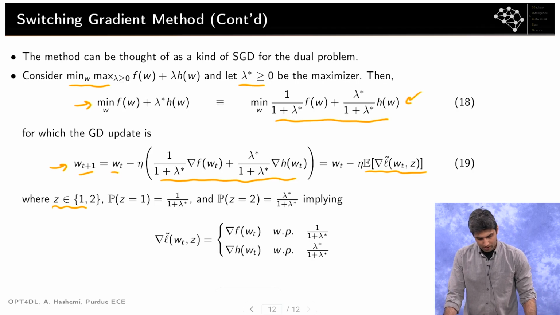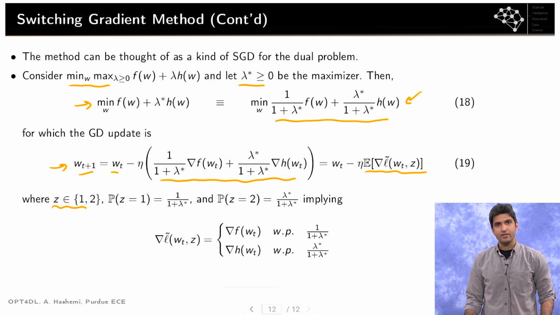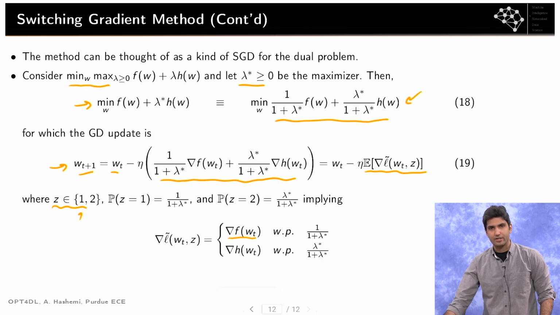So this basically implies that the stochastic gradient algorithm for this method is that you sample one of these gradients with the corresponding probability. If the first choice is chosen, which is chosen with probability 1 over 1 plus lambda star, I'm going to calculate the gradient of the objective function.